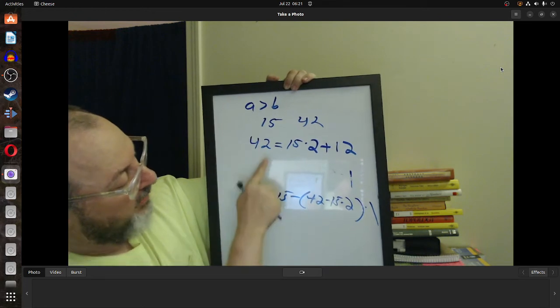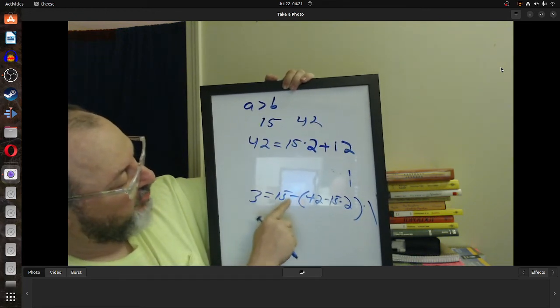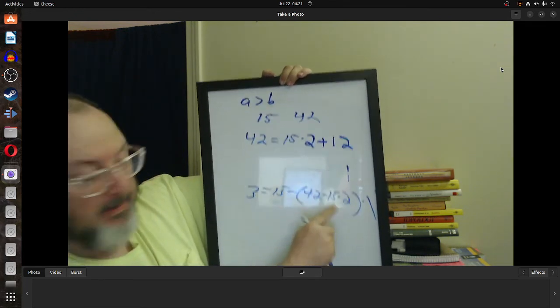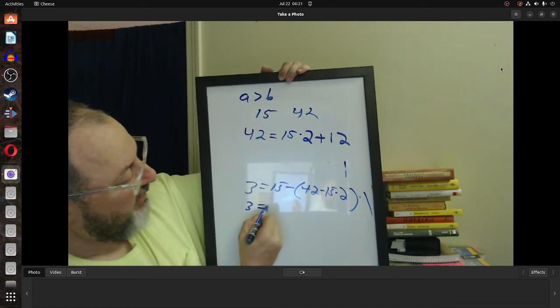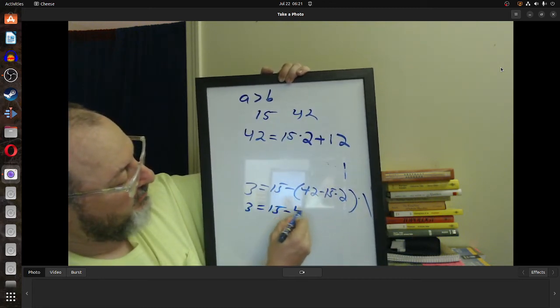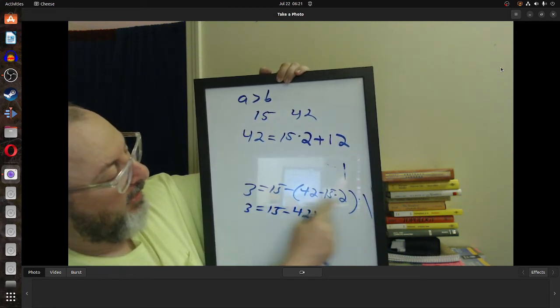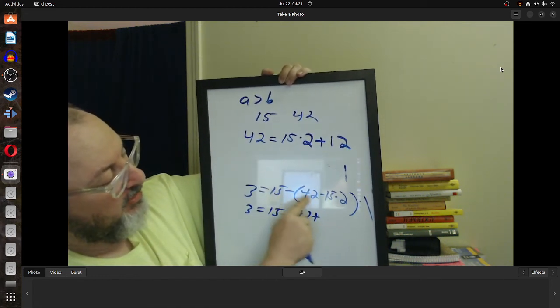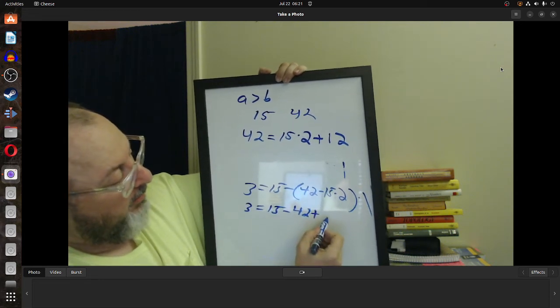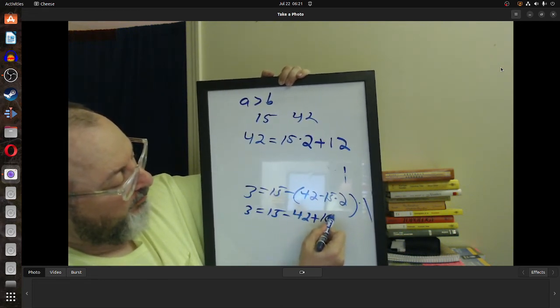So working back here, let's distribute the minus. So 3 is 15 minus 42 plus, multiply this by 1 and then distribute the minus, plus 15 times 2.